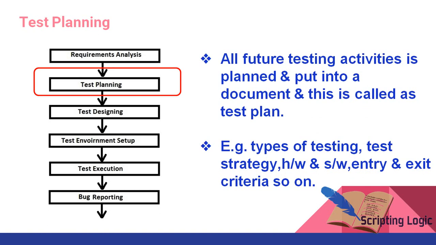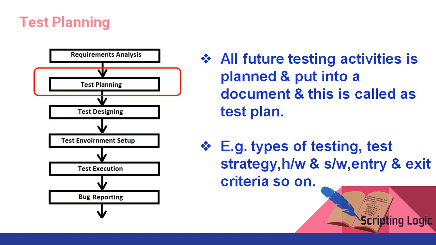Then test planning. All the features and testing activities are planned and put into a document. This is called a test plan. A test plan also has its own depth. We should do the planning by considering many factors, like features to be tested, features not to be tested, and there are many more. Examples are all types of testing, test strategy, hardware and software, entry and exit criteria, and so on.